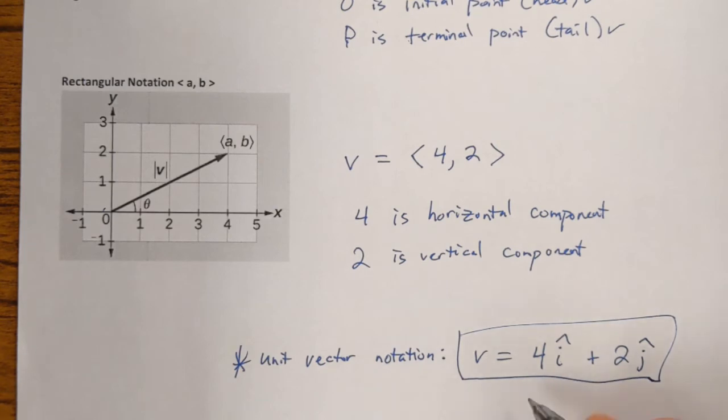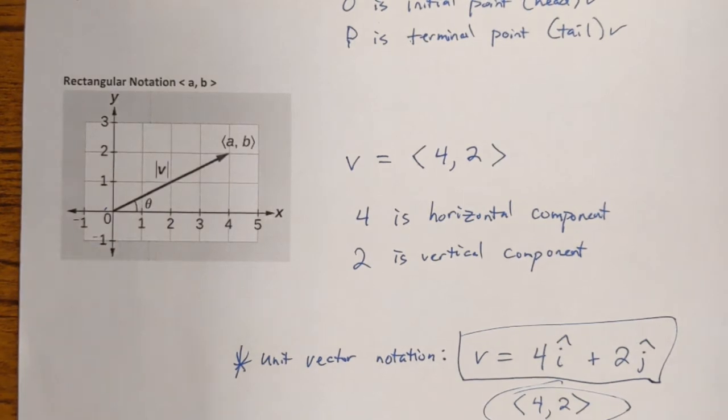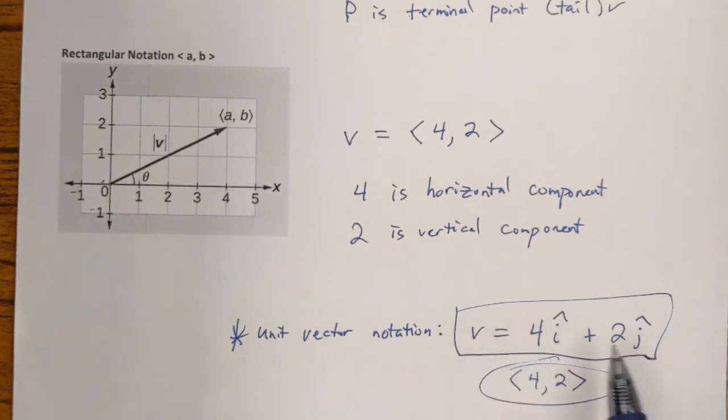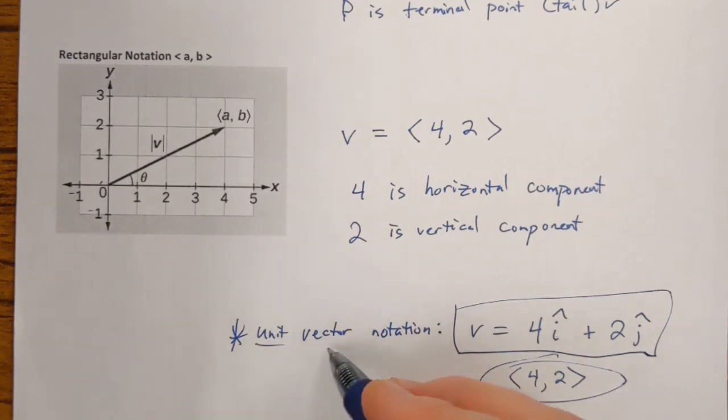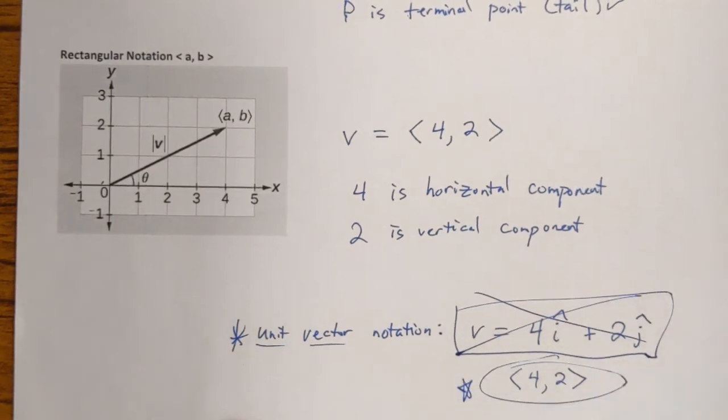This is another way to say 4, 2. Me personally, I prefer rectangular notation, although you will see from time to time people will use this. It's called unit vector notation. But as for me, I'm rarely going to use this. I'm going to stick with rectangular notation.